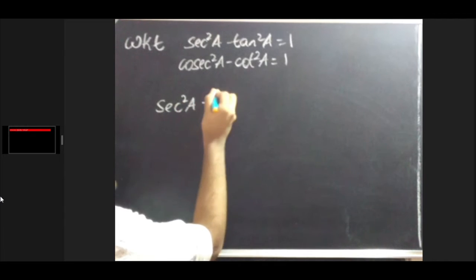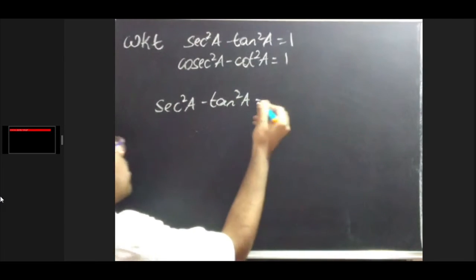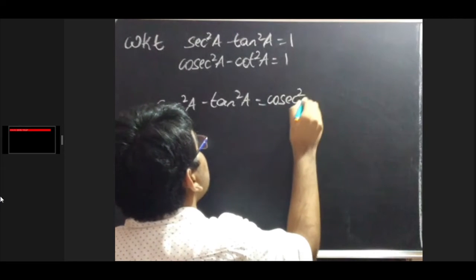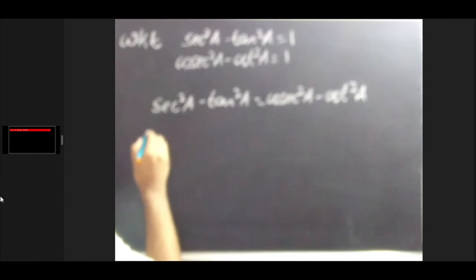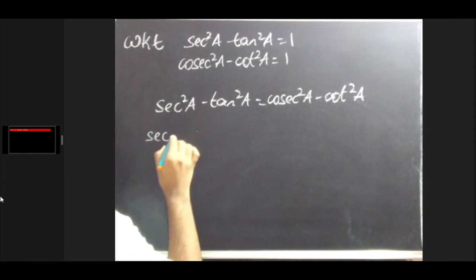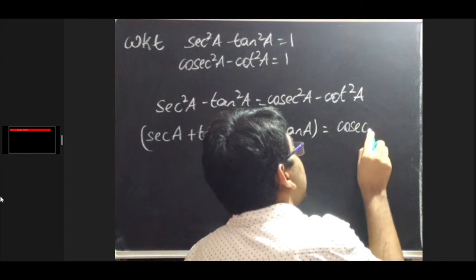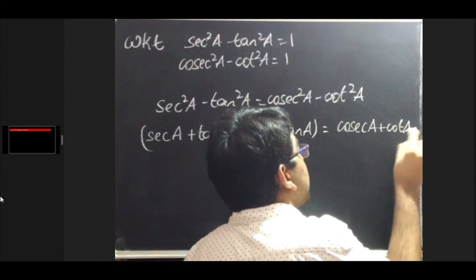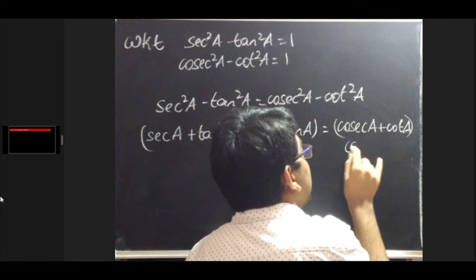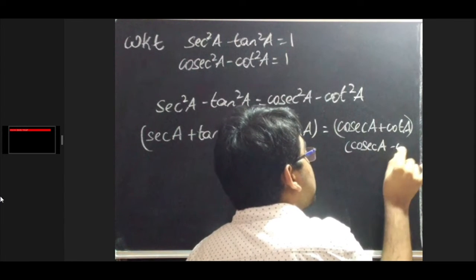Secant square A minus tan square A equals cosecant square A minus cot square A. So this is in the form of a square minus b square. So henceforth, (secant A plus tan A)(secant A minus tan A) equals (cosecant A plus cot A)(cosecant A minus cot A).